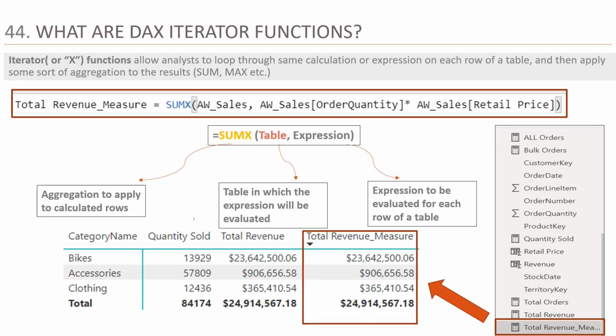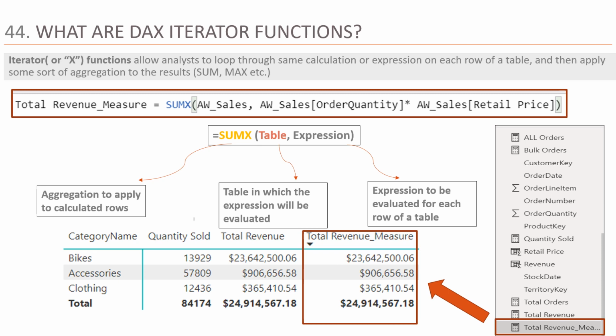Question number 44. What are DAX iterator functions in Power BI? Iterator or X functions allow analysts to loop through same calculations or expressions on each row of a table and then apply some sort of aggregation to the result like sum, max, and so on.